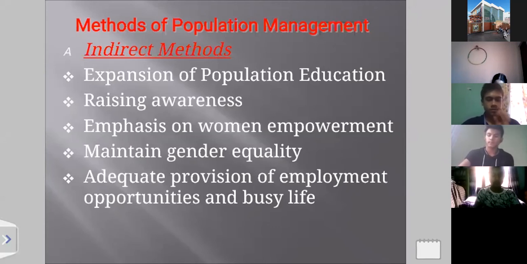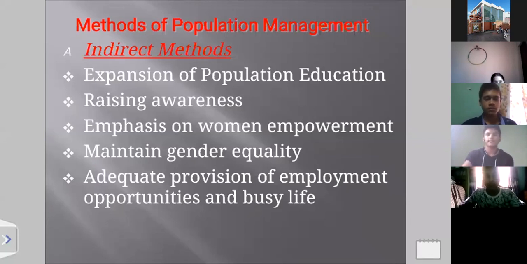Then they also make certain plans and policies, like family planning, because of their busy life. Family planning is one of the methods of population management.